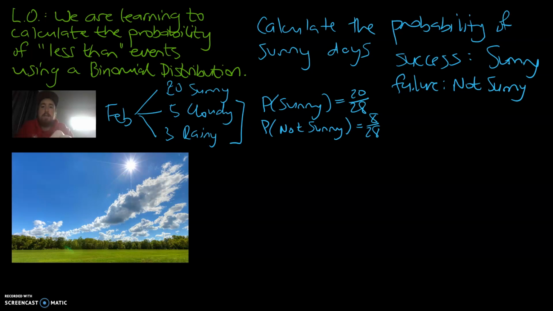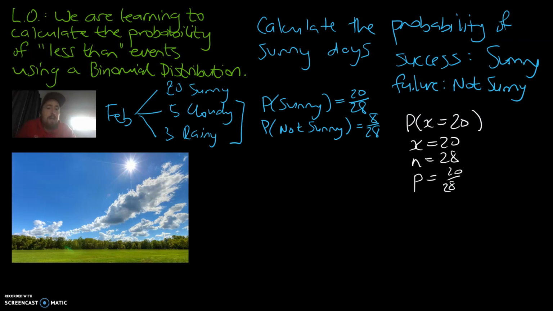I'll just change pen colors for this. What's the probability of there being exactly 20 sunny days in a given month? So we're looking at the probability of exactly 20. In that case, X will be 20. The number of trials is the number of days in February, which is 28. And the probability of one of those days being sunny is 20 over 28.